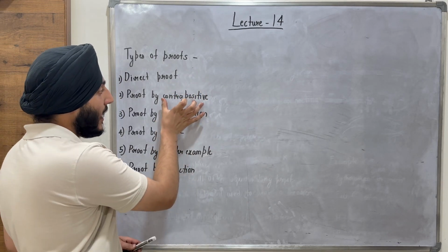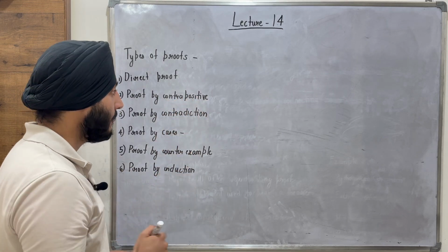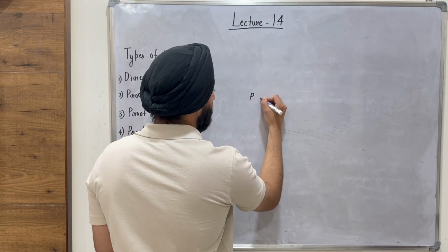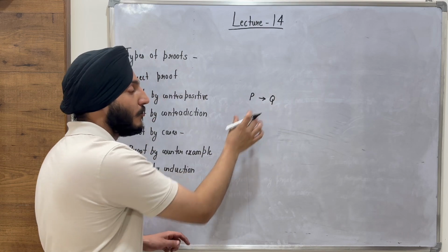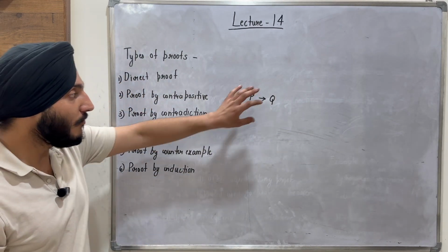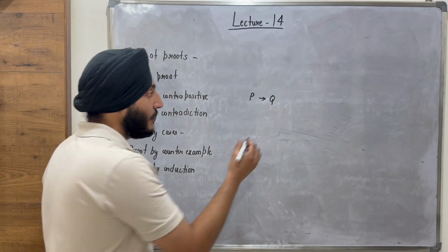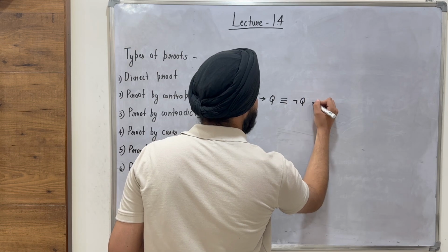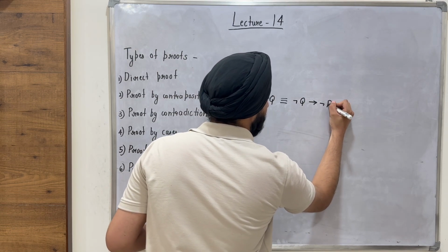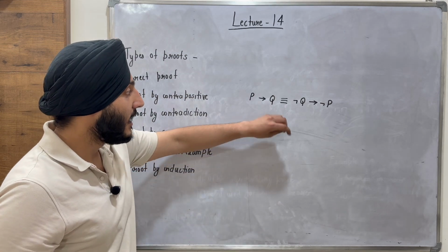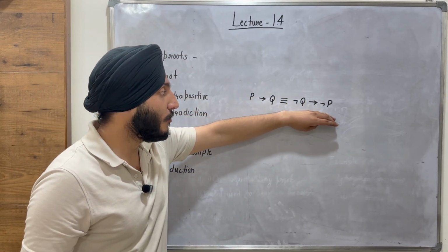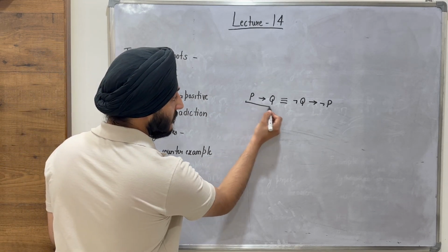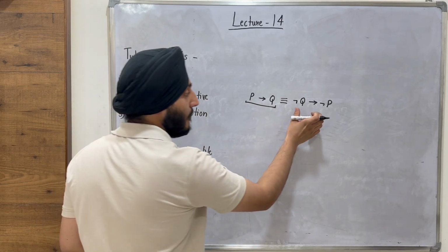Next one is proof by contrapositive. Now let's try to understand what this means. Let's say I'm trying to prove if P then Q. But instead of proving this, we know that this is equivalent to: if negation of Q, then negation of P. If you look at the truth tables, you will find out that P then Q is equivalent to negation of Q then negation of P. So the basic point is that in order to prove P then Q, maybe I can prove this instead.